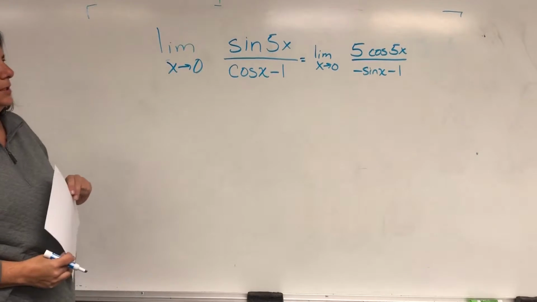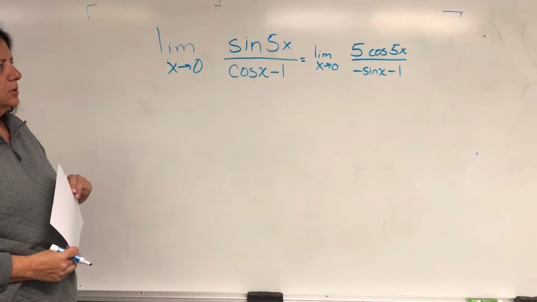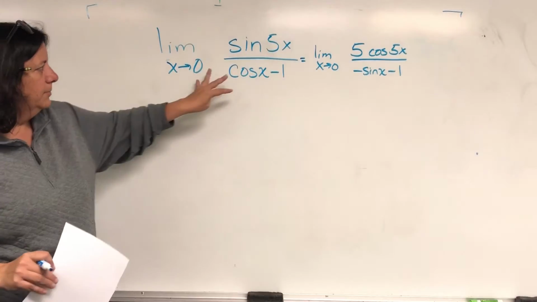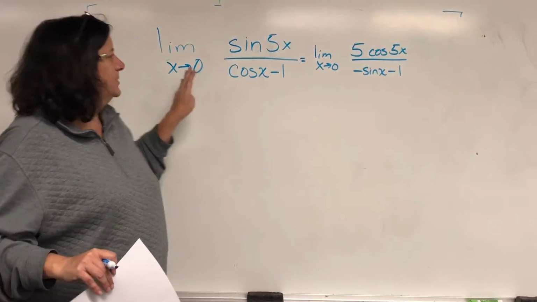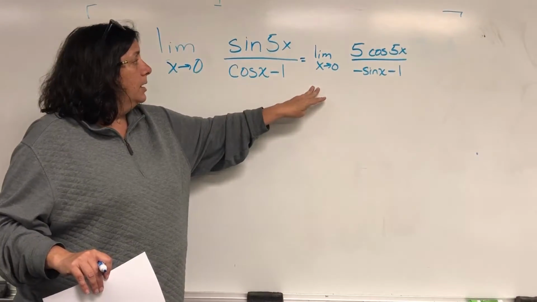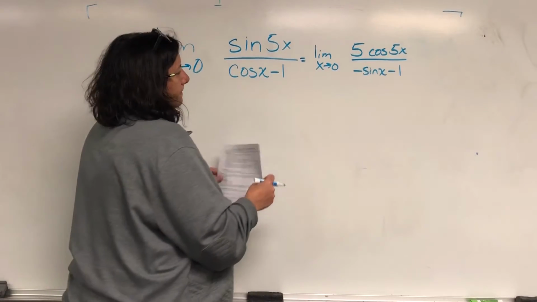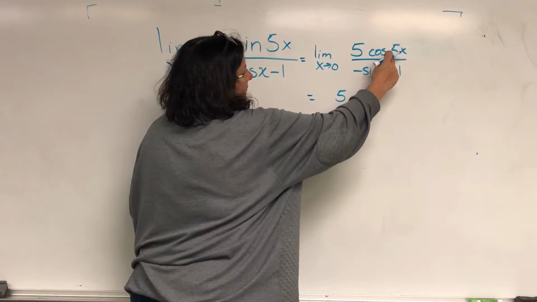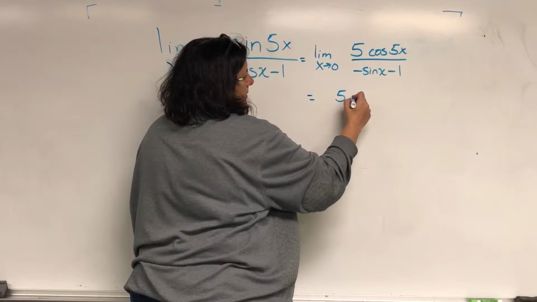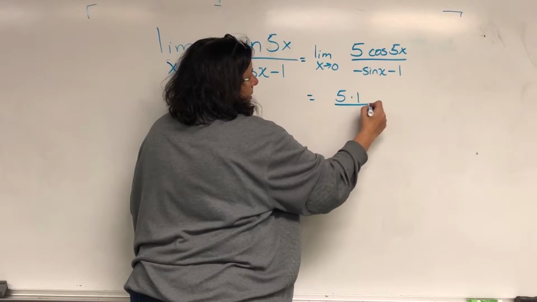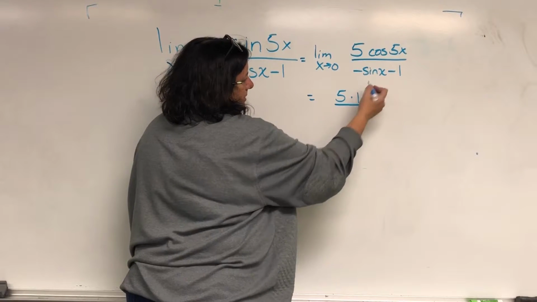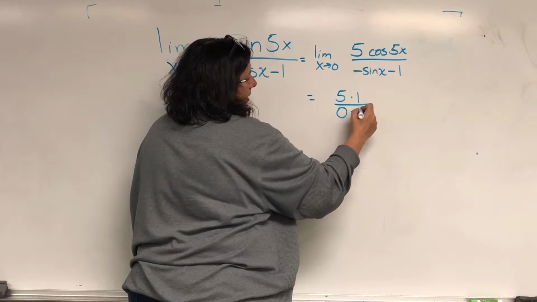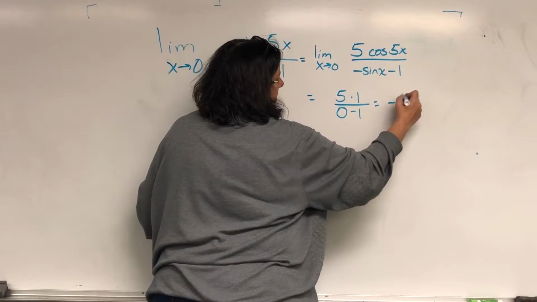So the derivative of cos is negative sine. So now, notice I'm not saying these two expressions are equal, but I'm saying their limits are equal. So now if I substitute, I'm going to have 5 times cos of 5 times 0, that's 5 times cos of 0, which is 1, over negative sine of 0, that's just 0, minus 1, which gives me an answer of negative 5.